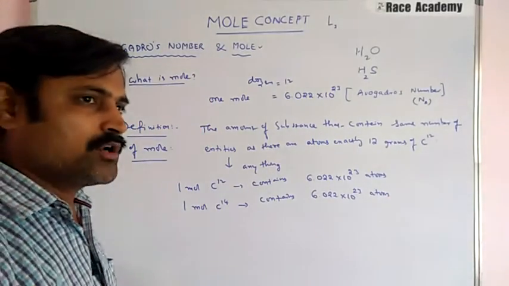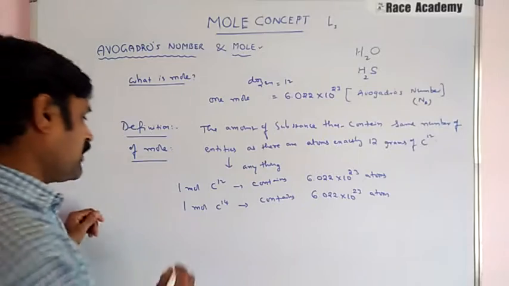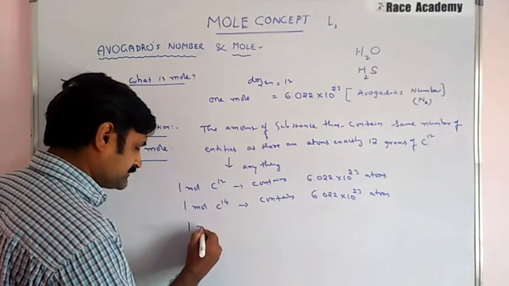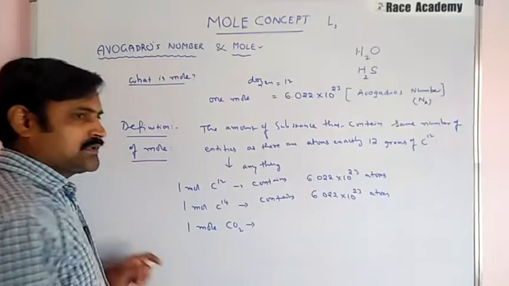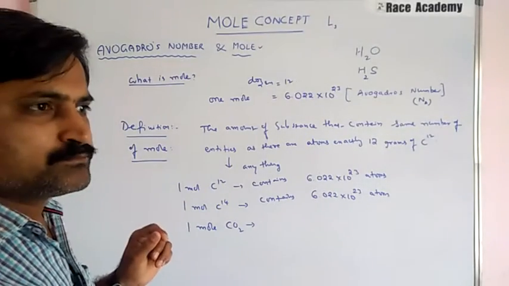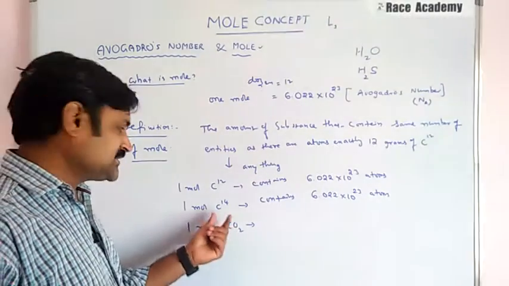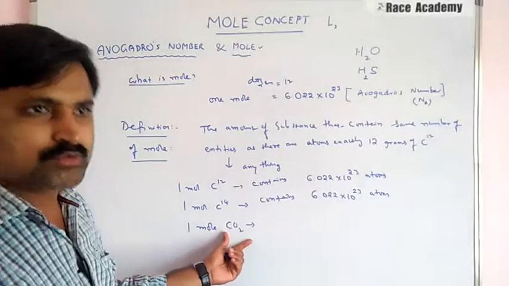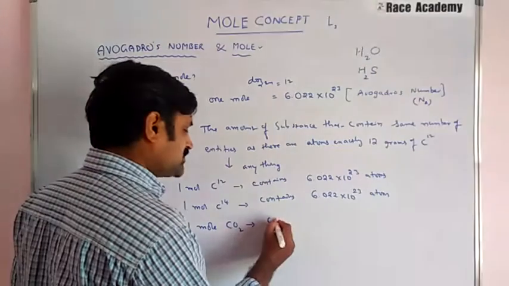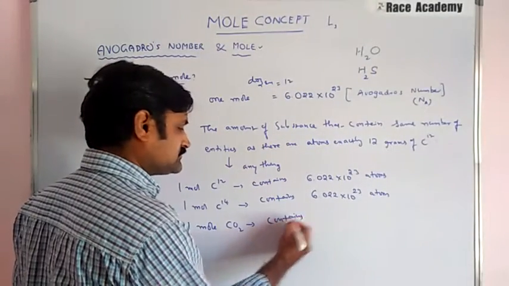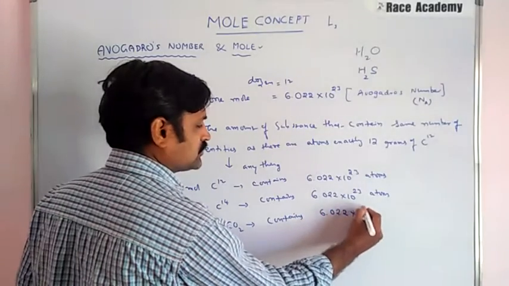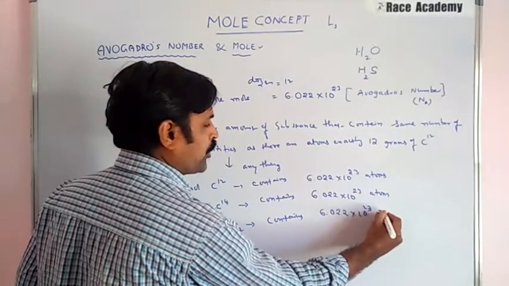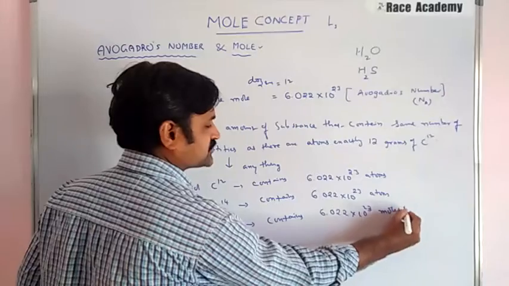When you talk about any other compound, 1 mole of carbon dioxide, CO2, actually CO2 is not in atom form, it is a combined form, it is a molecule. Then you will say it contains 6.022 into 10 to the power of 23 molecules, not atoms.